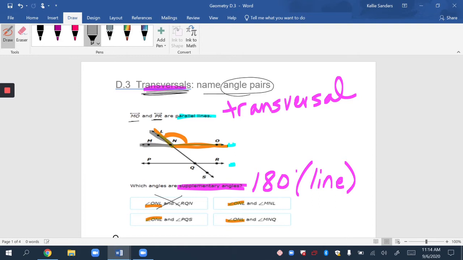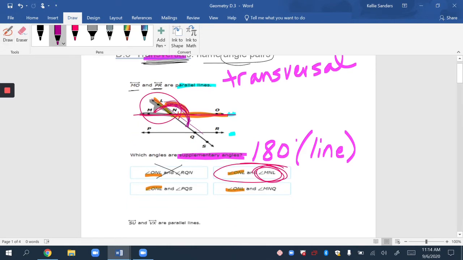This angle right here would be supplementary to the orange angle because of the straight line that these two angles connect to make. So MNL, oops, there it is, or LNM, okay? It could have also been this angle from the orange to the purple. It could have been that one, but it wasn't. We'll go on and see if we need it later on.